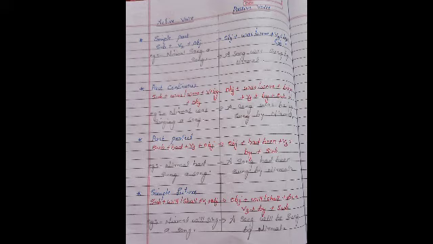So simple future tense format, active voice: subject plus will or shall plus V1 plus object. And its passive form: object plus will or shall plus be, extra we added, be plus V3 plus by plus subject. Look at the example. Nirmal will sing a song. It's a simple future tense active format and its passive form: a song will be sung by Nirmal.